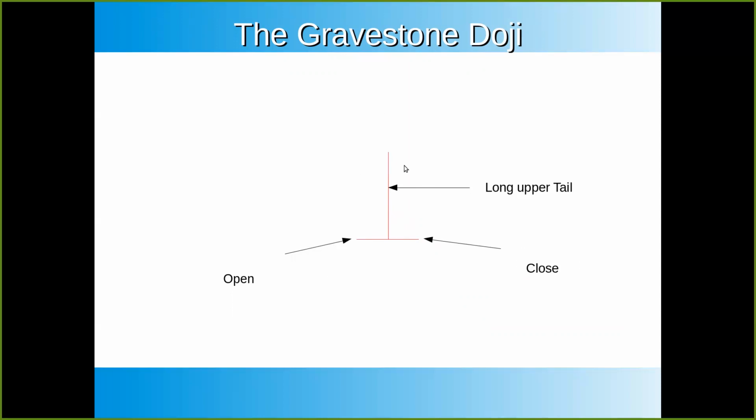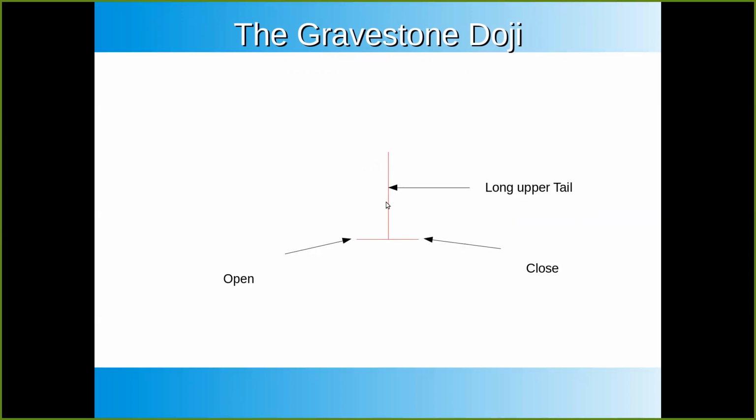Now, this is a very strong bearish candlestick pattern. When you find this at the end of an uptrend, it's an indication that the trend may reverse. So this one is a bearish candlestick pattern, while the other one that we looked at is bullish. So this is the reverse.